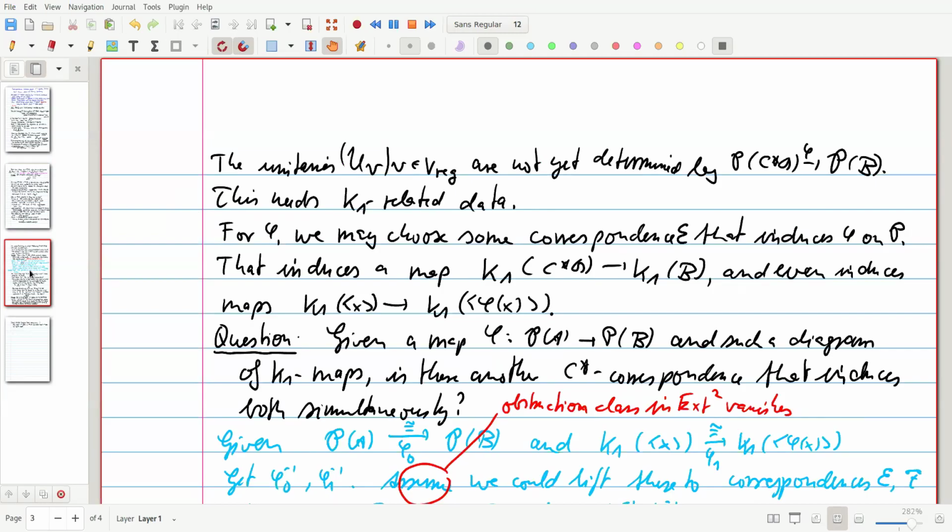There's a lot of choice in these unitaries. They can easily be multiplied by any unitary, so there's a lot of freedom there. Homotopy was my best guess for how I could handle this huge freedom and make these unitaries at least unique up to something.